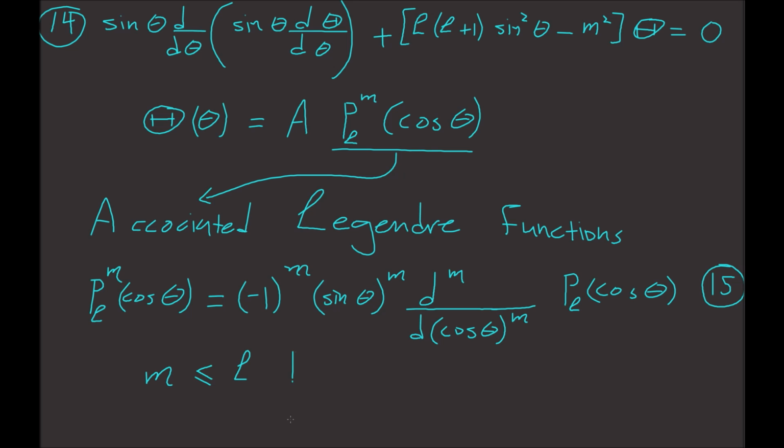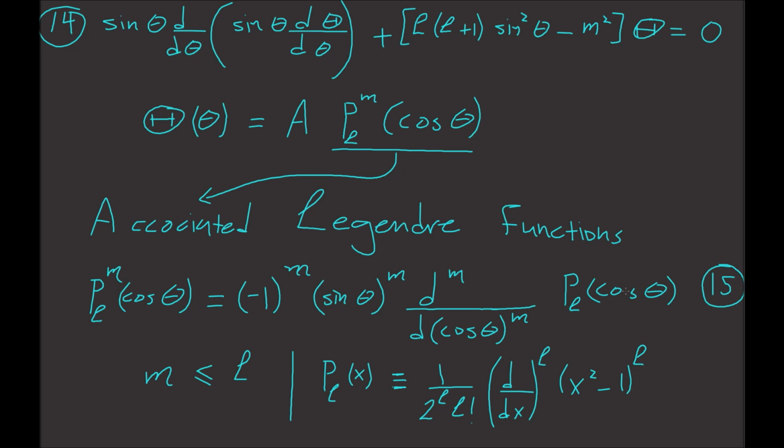Alright, and P of L of X, the Legendre polynomials given by Rodrigues' formula, is defined as some coefficient 1 divided by 2 to the Lth times L factorial, times the Lth derivative of X squared minus 1 to the Lth power.